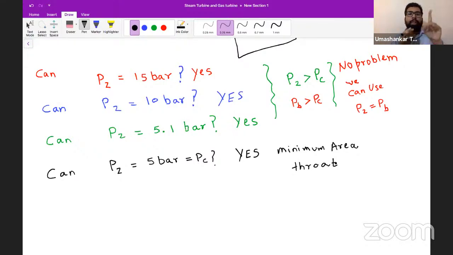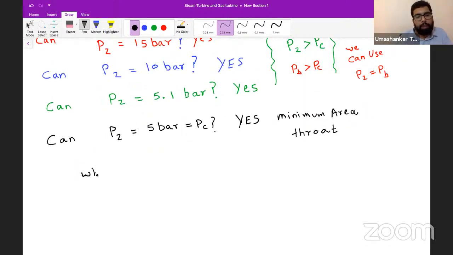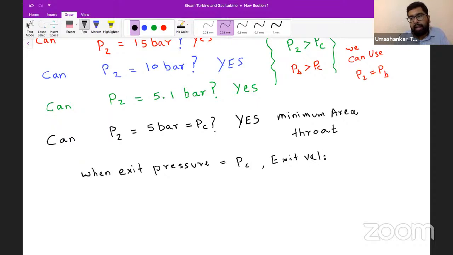Now, when the exit pressure is equal to critical pressure, the exit velocity is equal to the velocity of sound.